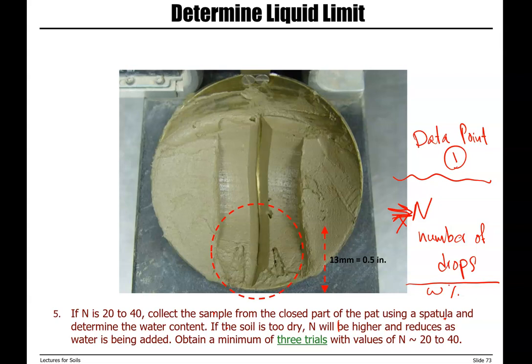So we need to repeat this test 2 more times. Depending on the first number of drops that you have, you need to dry your sample or add more water to your sample and repeat the test.